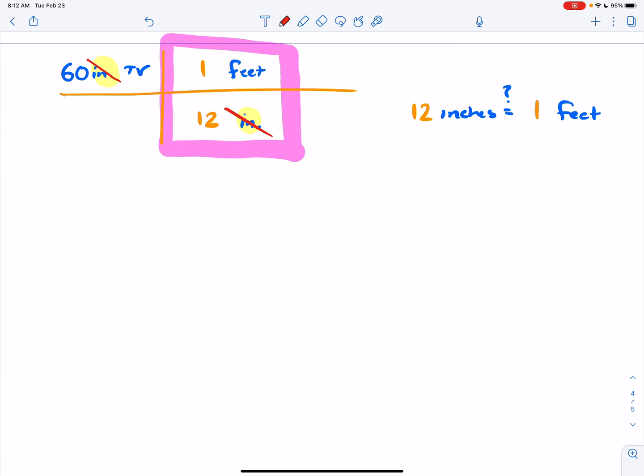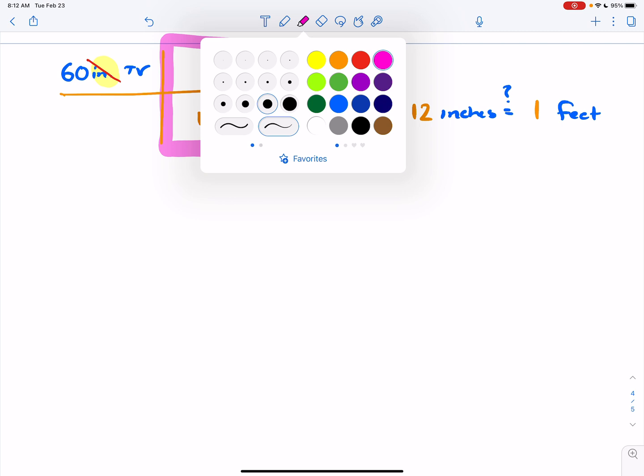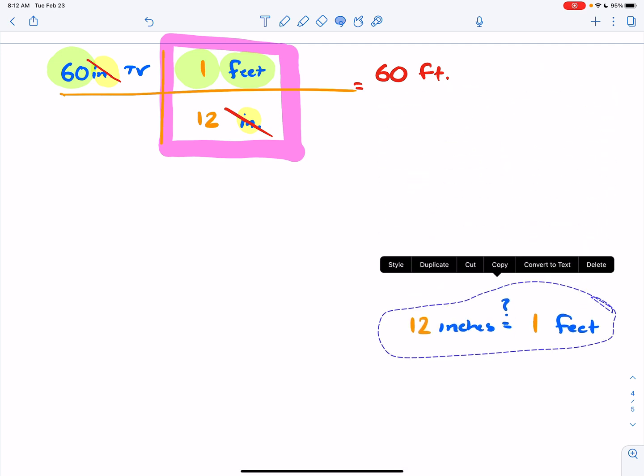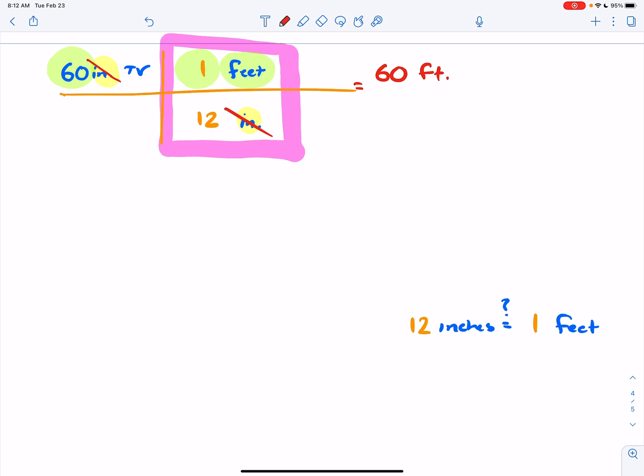So if you multiply the top here, and I'll highlight it so you can see, 60 times 1 foot is 60 feet, or FT for short. Okay, and down below is just 12. The inches went away, so I'm not going to write inches, okay?